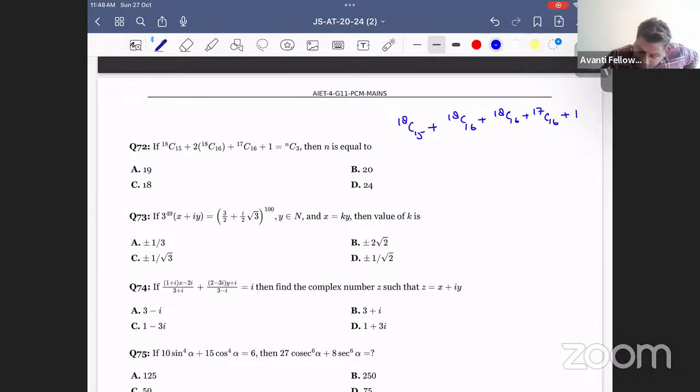See, this 1 can be written as 17C17. Now we have an identity: nCr + nC(r+1) is (n+1)C(r+1). So this will be what? 18C17. Now 18C16 + 18C17 will be what?